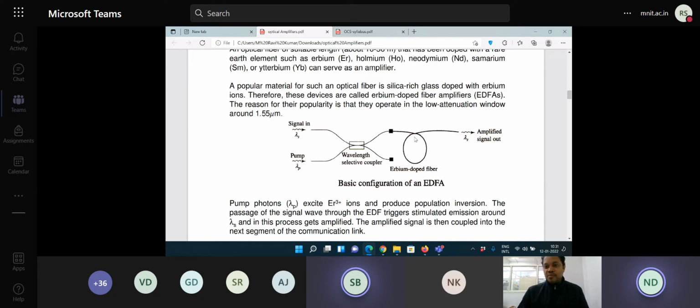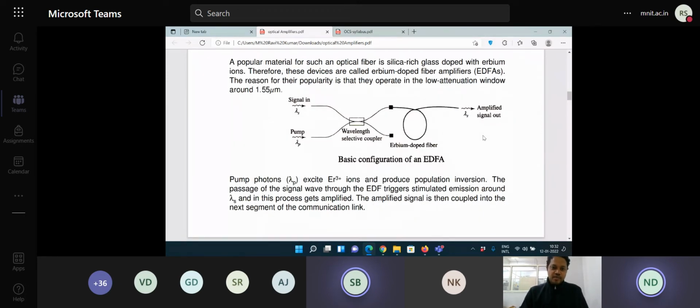By this mechanism the optical input signal is amplified at the output. So this is the fundamental mechanism of how an erbium doped fiber amplifier operates.